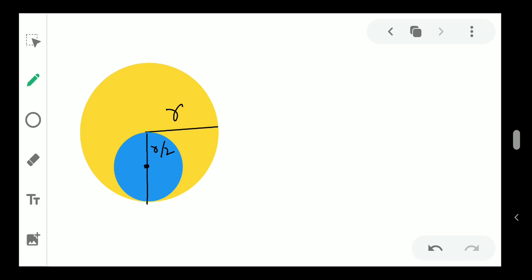The center of this blue circle, which I am going to cut from this yellow circle, is at r by 2 position from the origin.